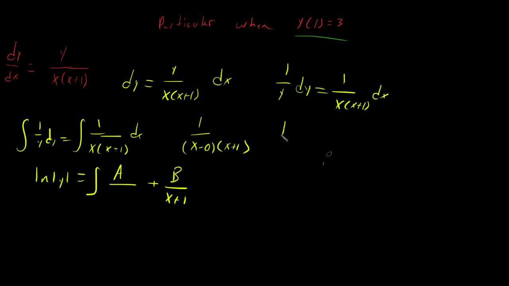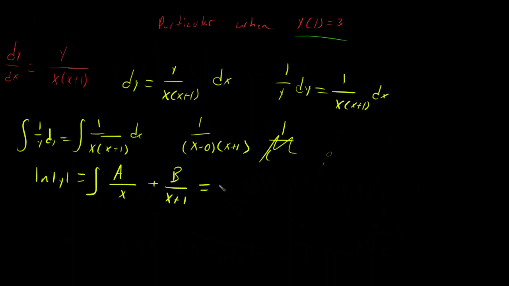Obviously we should know how to do something like x minus 2 times x plus 3 and split this, because it's just two binomials: A over this and B over this, or vice versa. It's not too terrible. Here it's the same idea, because x minus 0 is the same as just x.